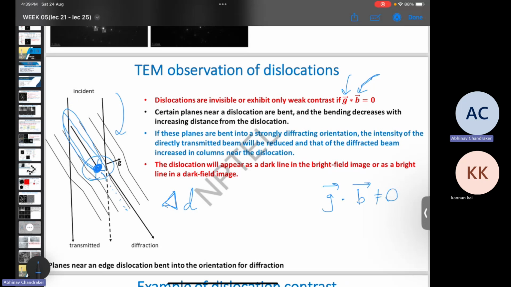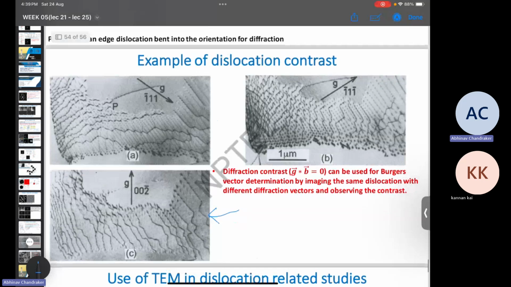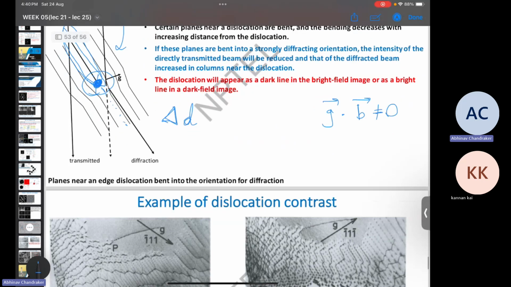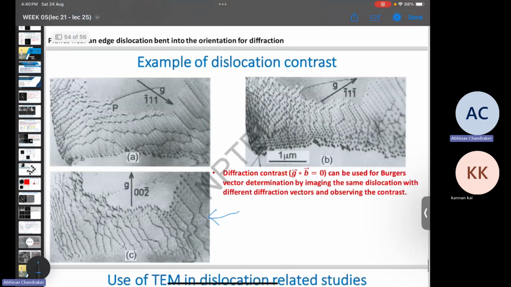And the reason these dislocations are visible is because of the local change in delta d in that particular area near the dislocation, due to which, for example, if we see here, there will be some diffraction taking place, or some scattering, I should say, near the dislocation lines, due to which you will get some contrast both in the bright field as well as in the dark field images.